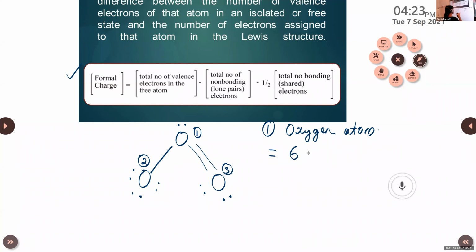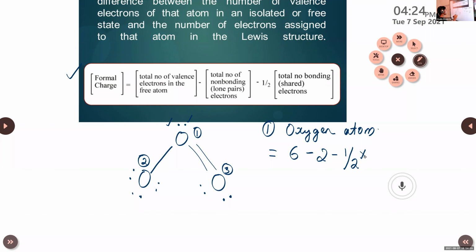6 minus total number of non-bonding electrons. How many lone pairs of electrons are in the first oxygen atom? 2. Yeah, only 2 dots are represented. So 2, minus half into total number of bonding electrons, that means the shared electrons.